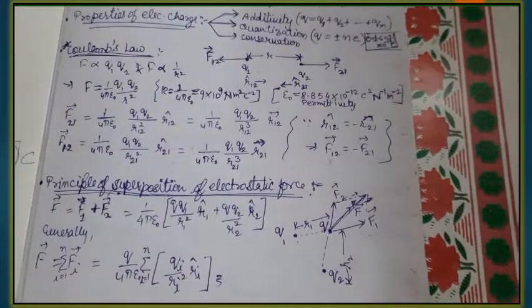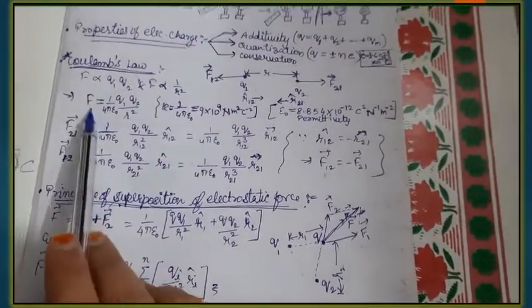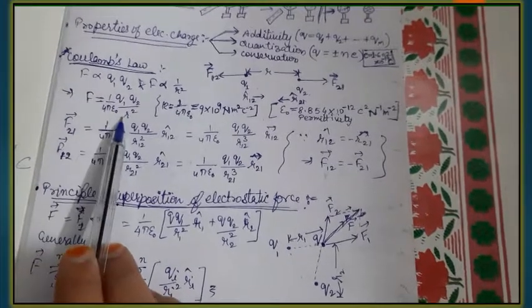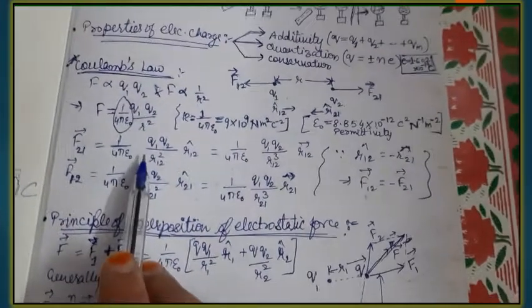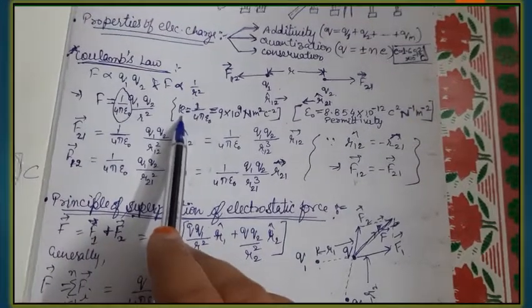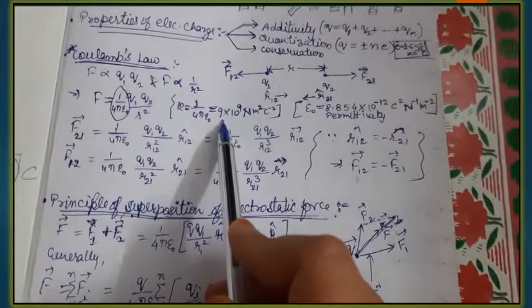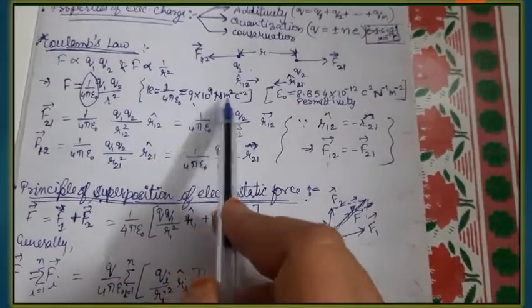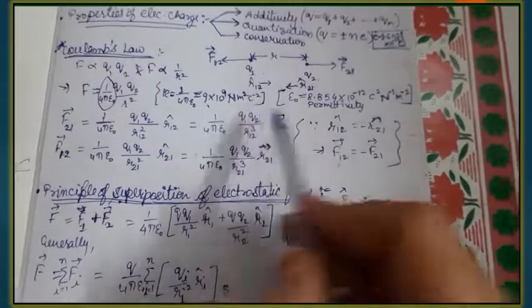And when we do away with the proportionality sign, we have to put a constant of proportionality. In this case, this constant of proportionality is 1 upon 4 pi epsilon naught. Sometimes it is also denoted by k, and it's a universal constant. Its value is 9 into 10 raised to 9 Newton meter square per Coulomb square.